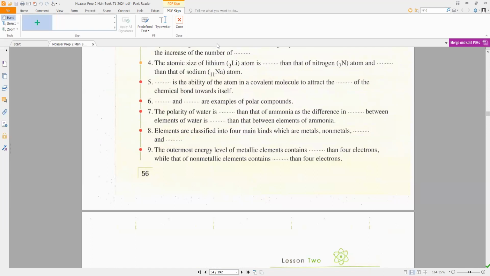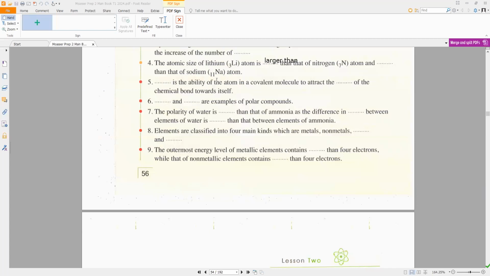The atomic size of lithium, which has atomic number 3, and nitrogen, 7. Nitrogen comes after lithium in the period. As we move across the period, the size decreases, so the size of lithium will be larger than nitrogen.